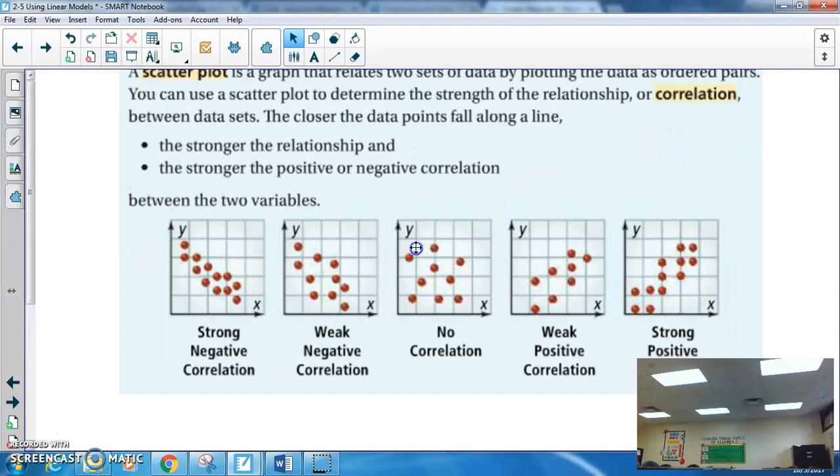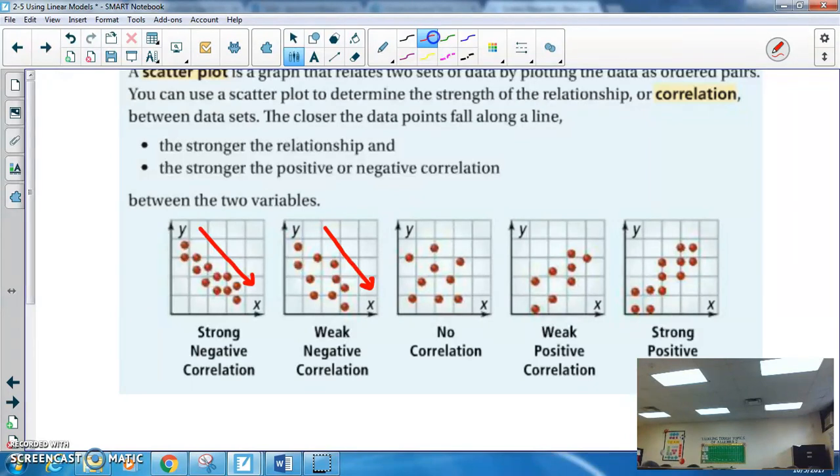We have a strong negative correlation here in the first graph, because our data points are close together and they are all going in a negative direction. We have a weak negative correlation because we're still going the negative way, but they're kind of spread out, so our data points aren't too close together.